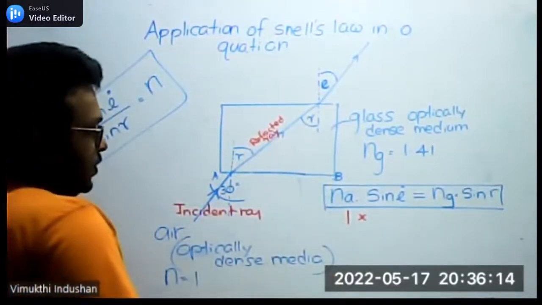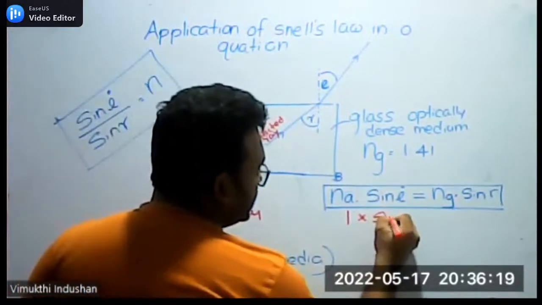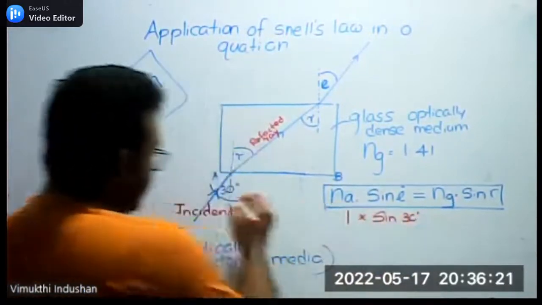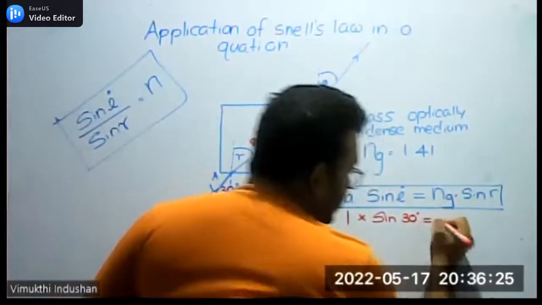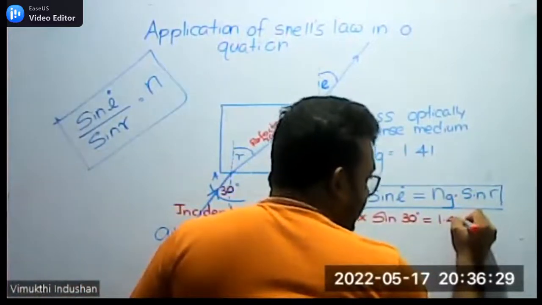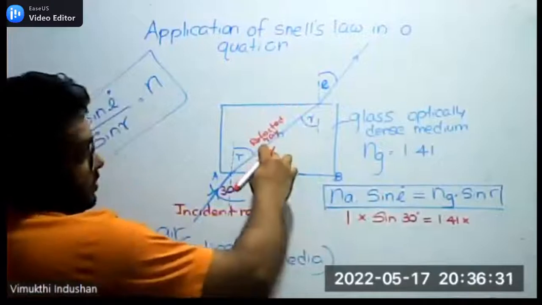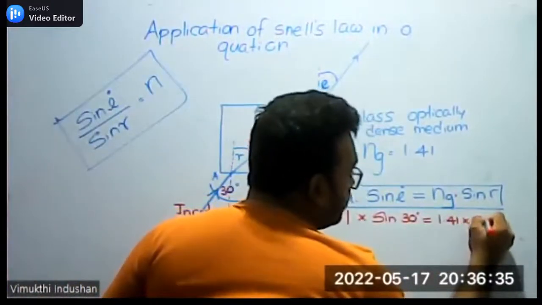So sine of I is sine 30. The incident angle is 30. It should equal n of g, which is given to you as 1.41, into sine of R, which is occurring inside the glass block. Sine of R is what you have to find.